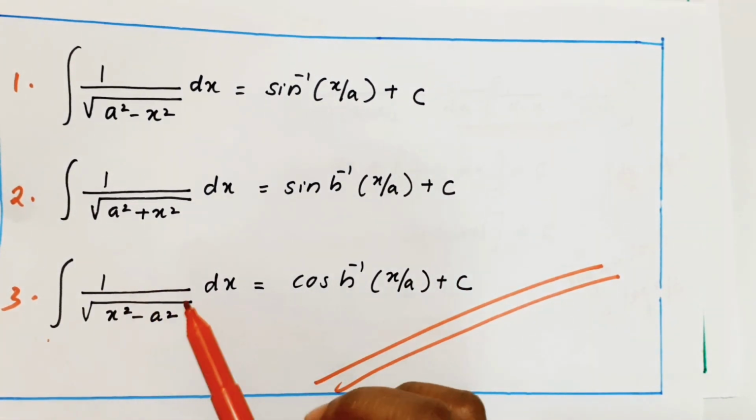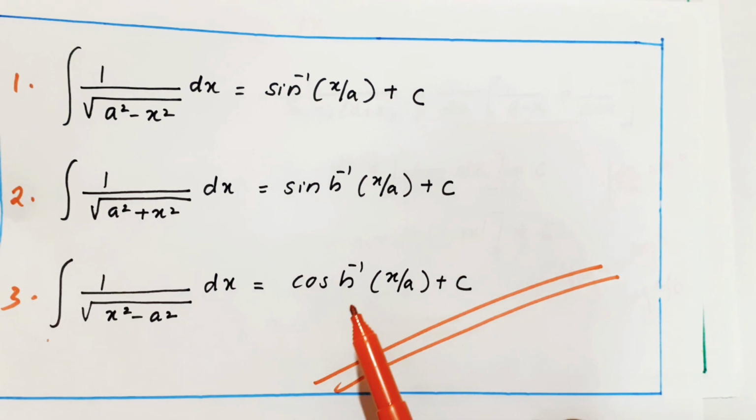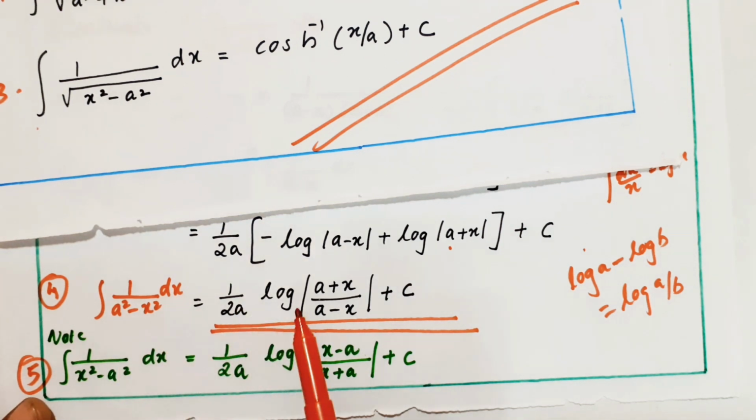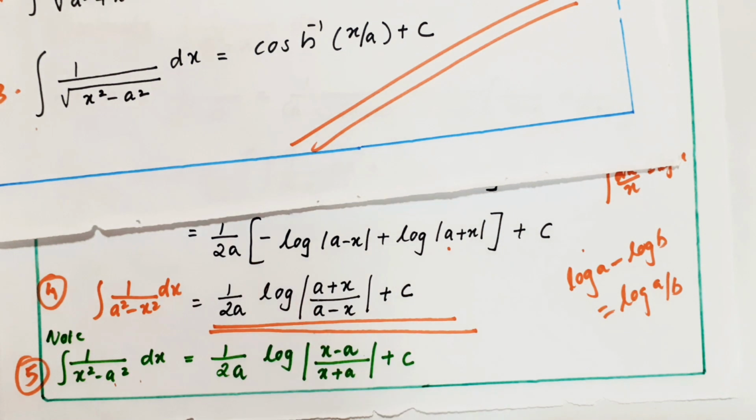Integral of 1 by root of (x² − a²) dx is cosh inverse (x by a) + c. Another two: integral of 1 by (a² − x²) dx is 1 by 2a log ((a + x) by (a − x)) + c. Integral of 1 by (x² − a²) dx is 1 by 2a log ((x − a) by (x + a)) + c. Clear?